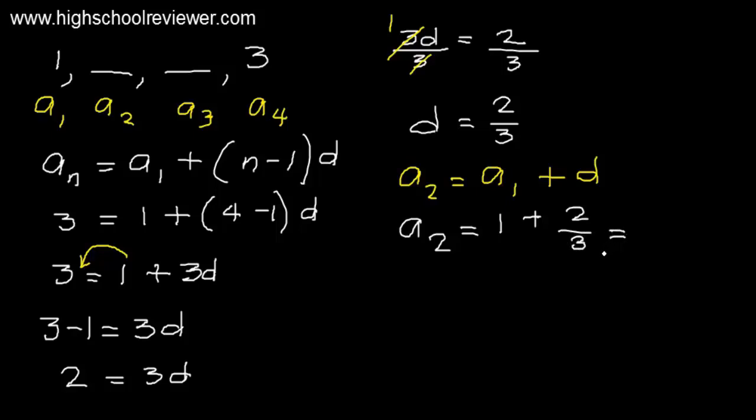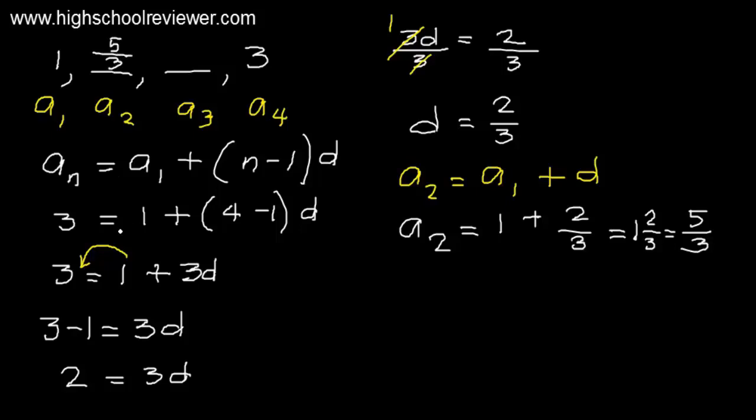So 1 plus 2 over 3 will be 1 and 2/3, or to make this an improper fraction, 3 times 1, 3 plus 2, this will be 5 over 3. So our a sub 2 is 5 over 3.